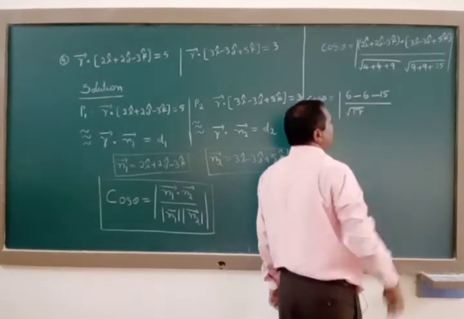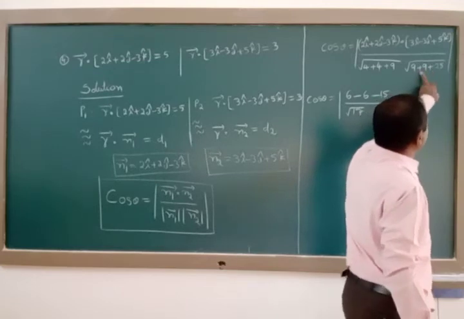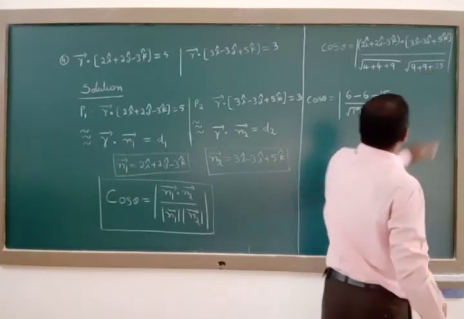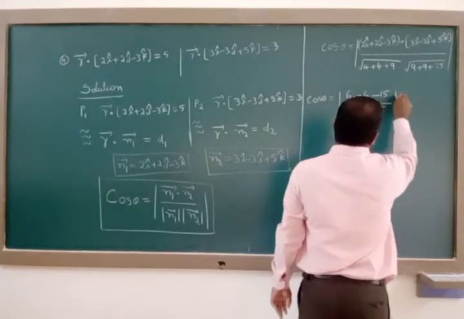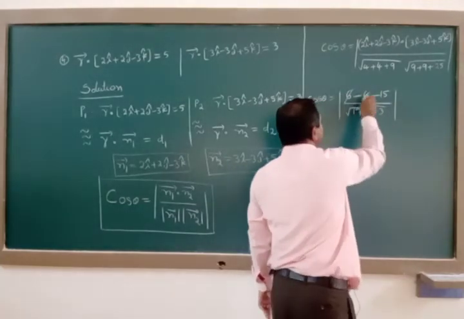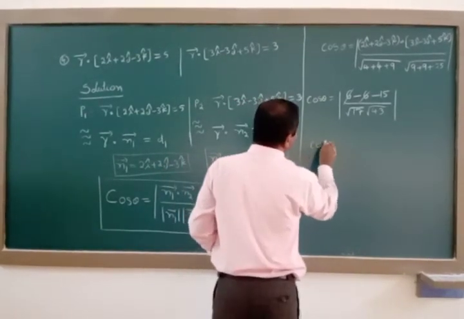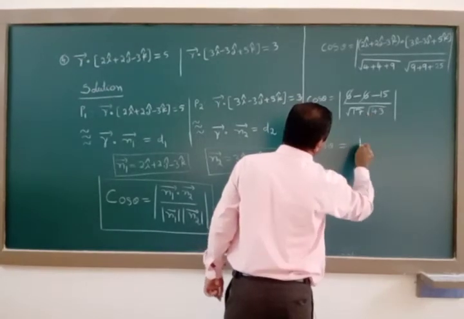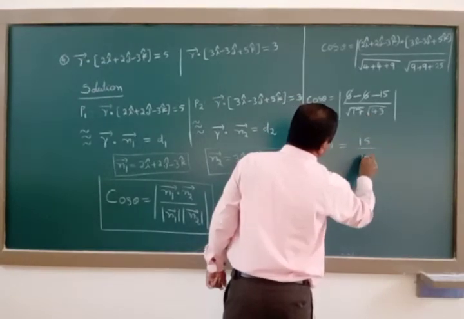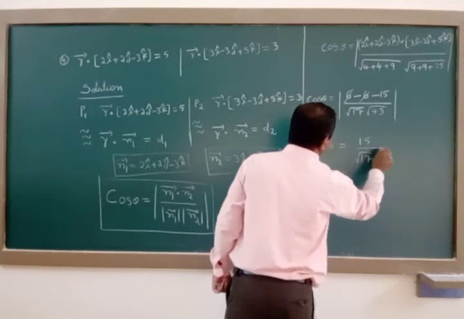Next here also 18, 18 plus 25 means 43. Plus 6 minus 6 gets cancelled. That's why cos theta is equal to, it is under modulus now, so we can take it as positive, that is 15 by square root of 17 into square root of 43.